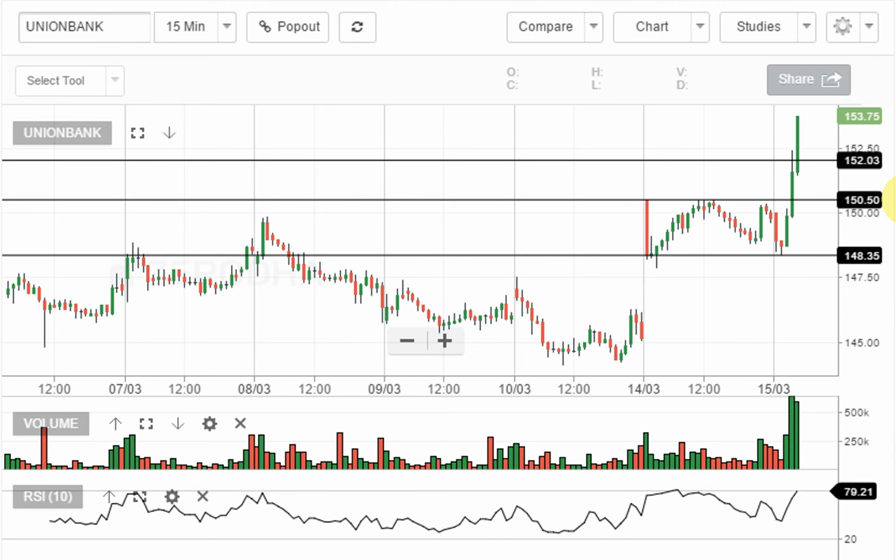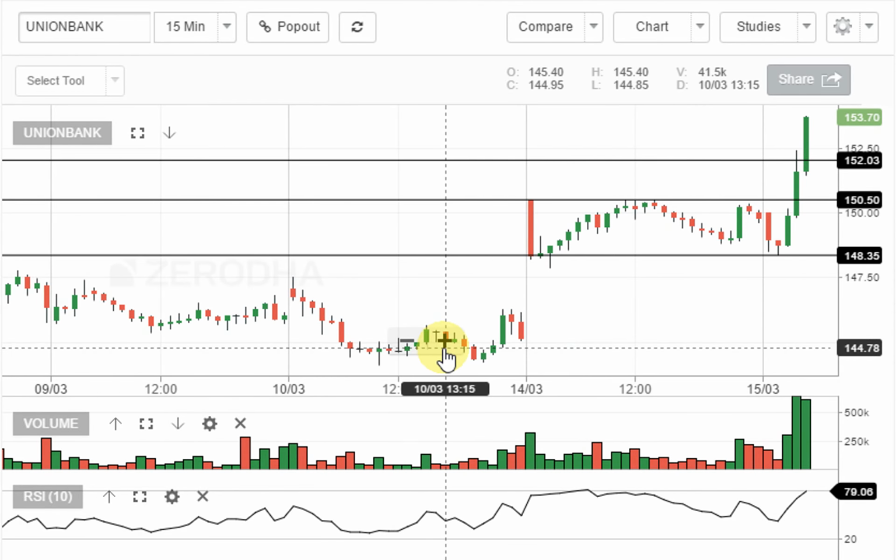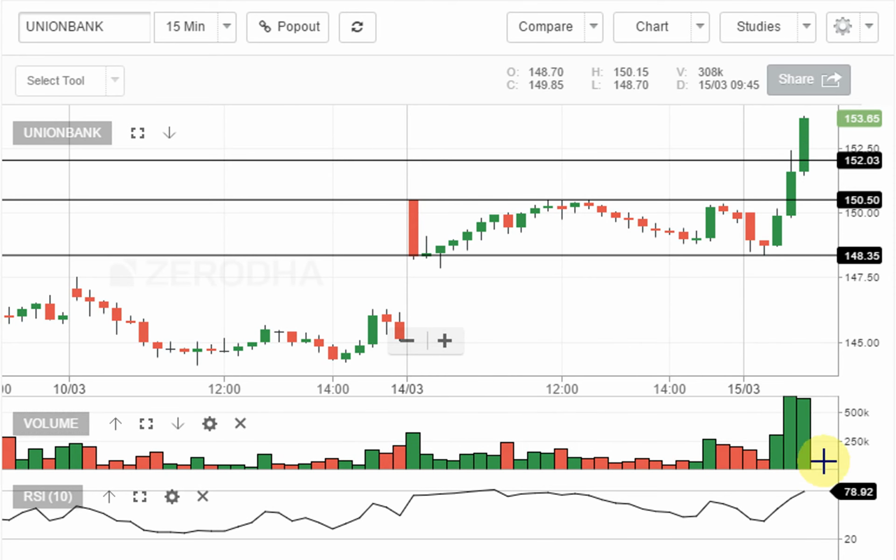Zoom in. The smaller resistance was already broken. So what it can do is 154, 155 can be achievable today, and tomorrow it will break 155 levels and start moving upside. The next target will be around 160 or 170 levels.